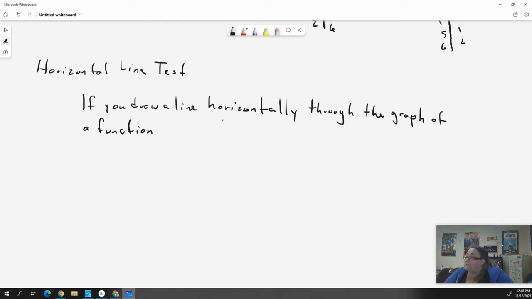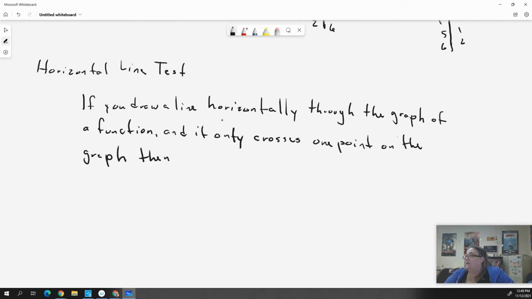Through the graph of a function, and it only crosses one point on the graph, then that function has an inverse.